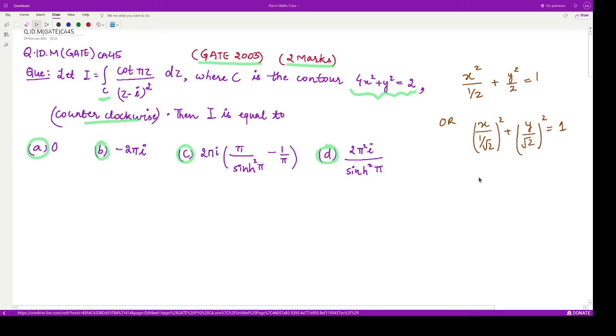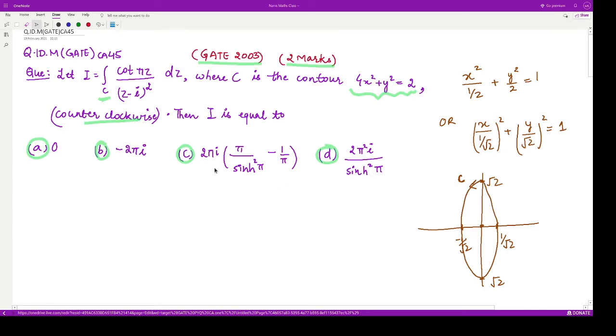So this is the standard equation of an ellipse having center at the point (0, 0) and whose x-intercept has value 1 by square root 2 and the y-intercept has value square root 2. So these are the points. Let us first draw our ellipse, the curve C, and its orientation that is given to be in the counterclockwise direction. So it is positively oriented.